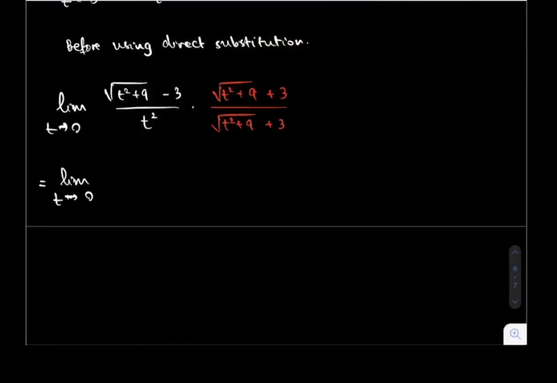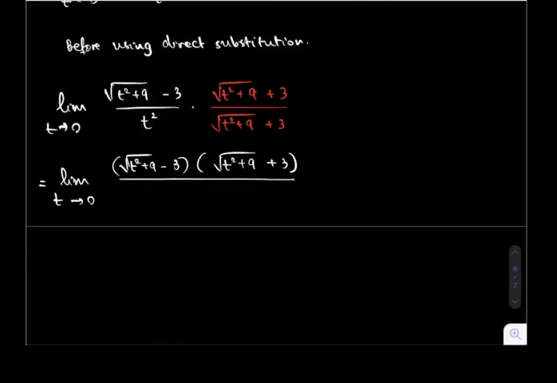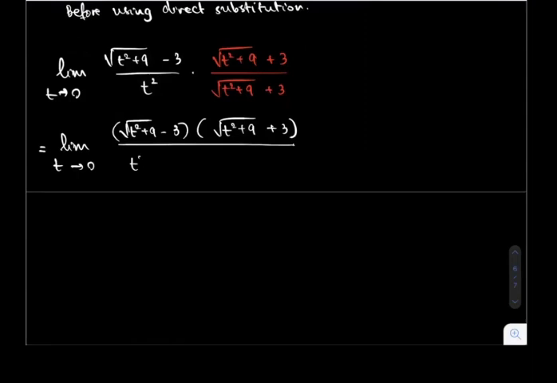After that, top multiplied by top, bottom multiplied by bottom. You have the square root of t squared plus 9 minus 3 times the square root of t squared plus 9 plus 3, divided by t squared times the square root of t squared plus 9 plus 3. For the numerator, you can see that it is a difference of two squares.